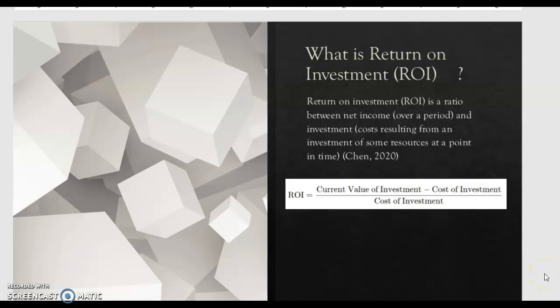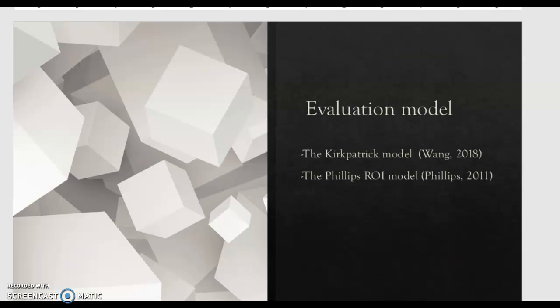However, when we use return on investment in education, the simplicity of return on investment becomes one of the most critical downfalls of the ratio. When calculating the return on investment, the first and foremost element we have to determine is how to measure the input and output values.